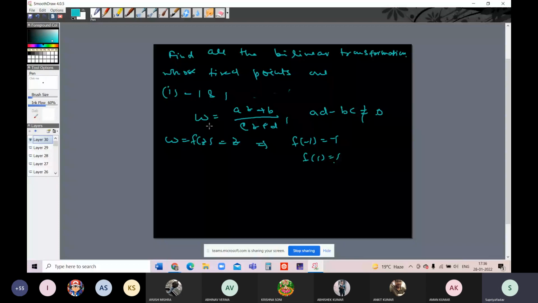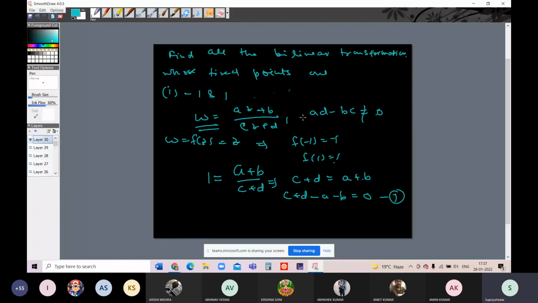So first we are solving for 1. For z is equal to 1, w is also 1. So a plus b upon c plus d equals 1. This will give you c plus d is equal to a plus b. We can also write it as c plus d minus a minus b is 0. Say that it is equation 1.